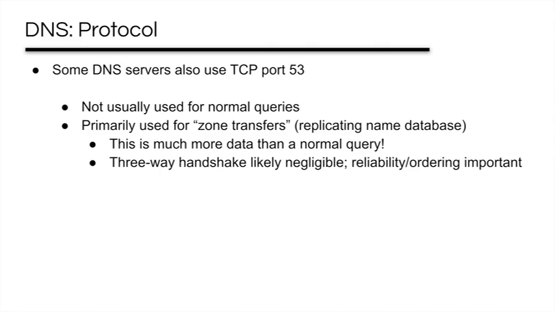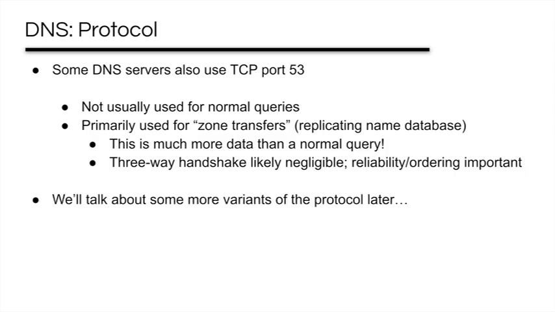If you're copying the entire database. And with this larger amount of data, the three-way handshake likely becomes negligible. And the reliability and ordering that TCP provides becomes important for doing these big transfers. We'll talk some more later about some additional variants of the protocol.